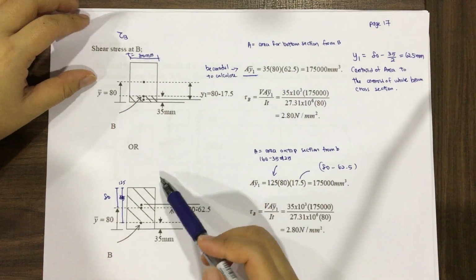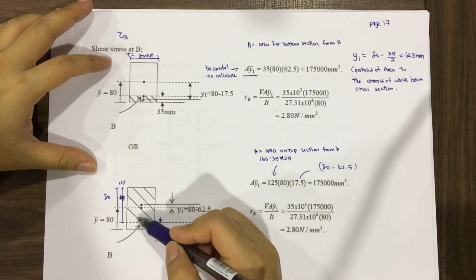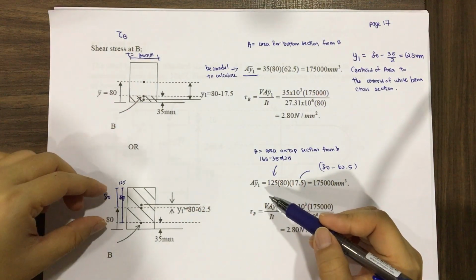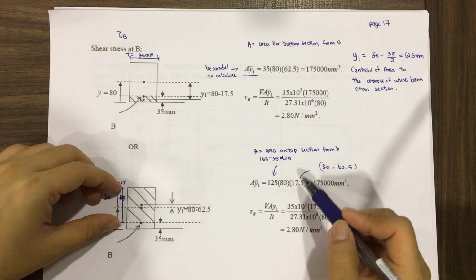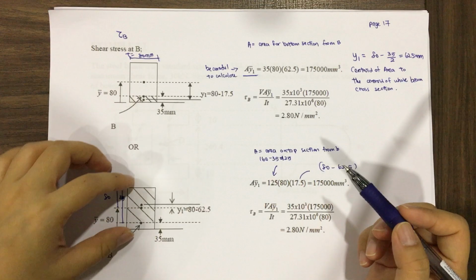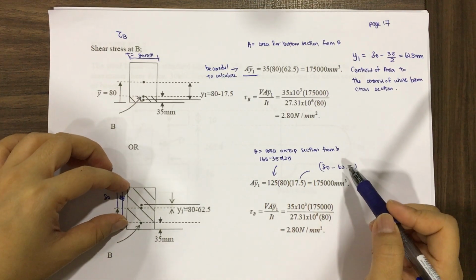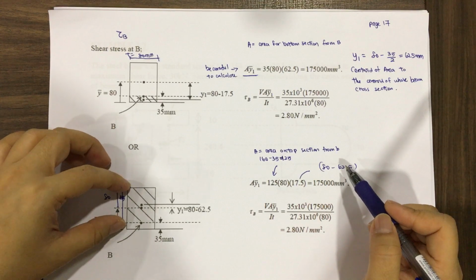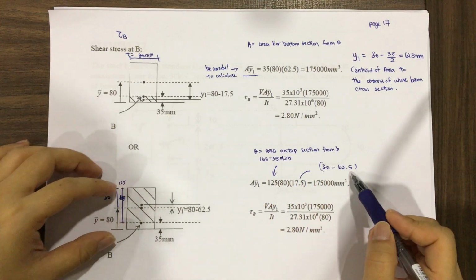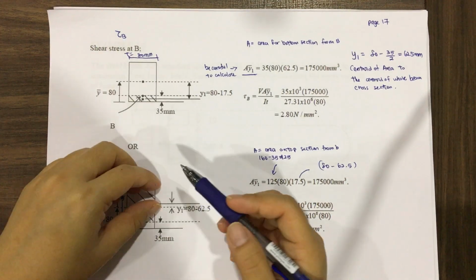This is also another example to show you the same thing. You can use the area on top. So the area on top will be 125 times 80 times 17.5, because the centroid of this area, which is 80 times 62.5, gives 17.5. This is 80, this is 80.